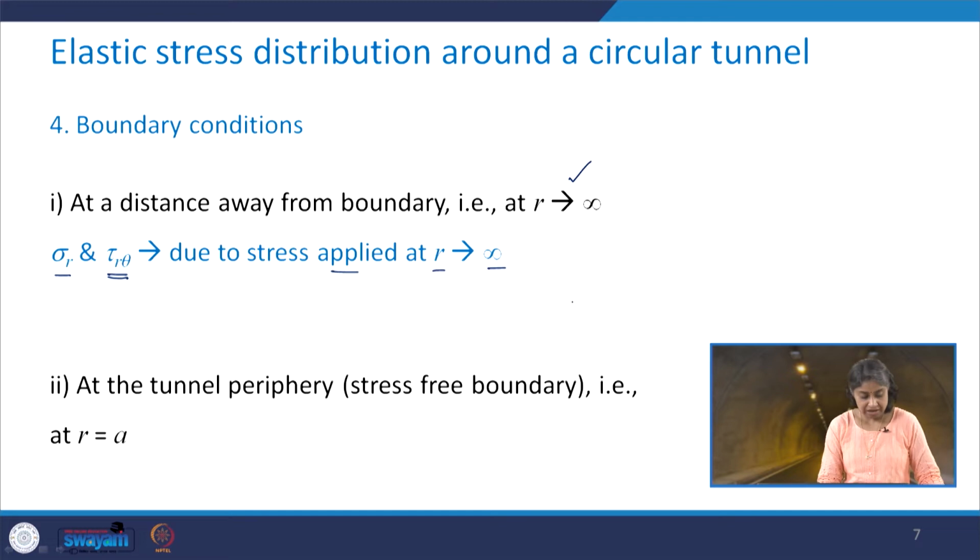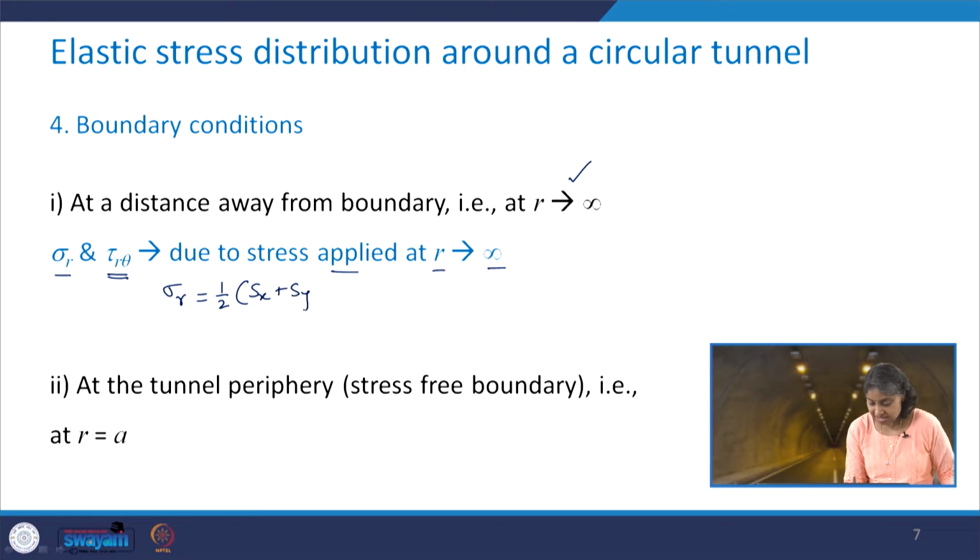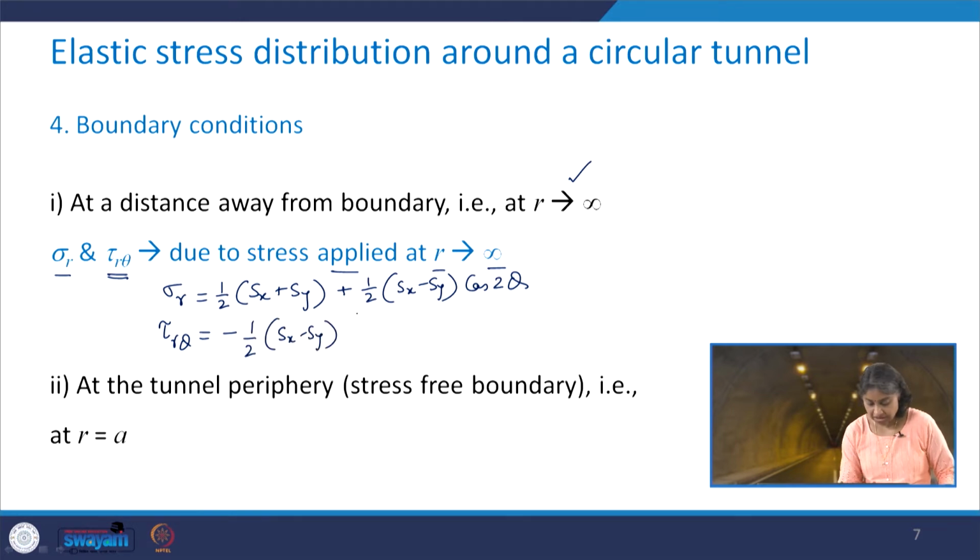So, sigma r and tau r theta can be expressed such that sigma r is equal to half Sx plus Sy plus half Sx minus Sy cos of 2 theta, and we have tau r theta as minus half Sx minus Sy into sine of 2 theta. I combine these two equations and mark them as equation number 1.